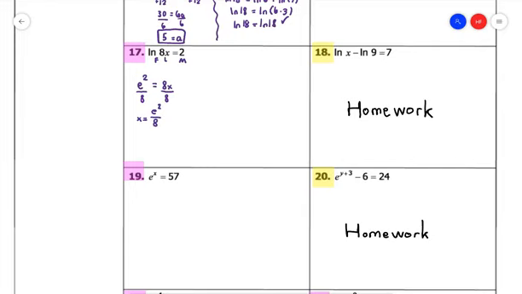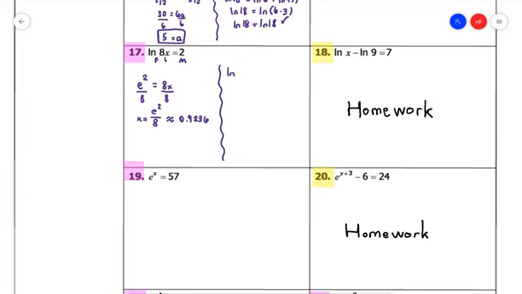Now I'm going to find out what that is, and it's approximately 0.9236. So that's approximately what x is, that e squared divided by 8. Then I'll plug that in to make sure that it works.